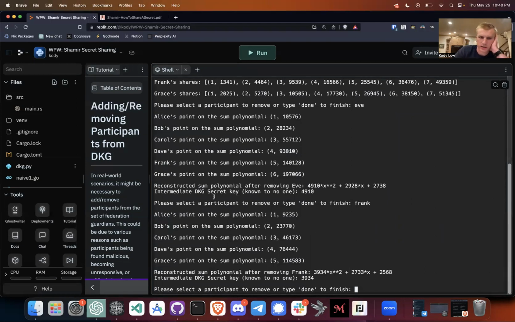And what we notice here is that the intermediate DKG secret is updating. The y-intercept is changing on this one. The secret is changing because when we remove someone, I'm giving an offset to all of the other people who are remaining participants.